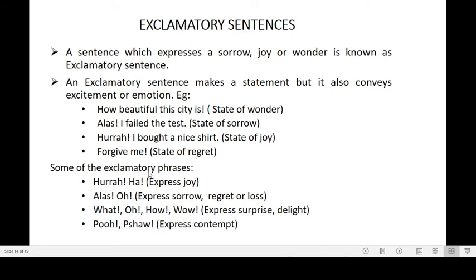Some of the exclamatory phrases, hurrah or ha, express joy. And the exclamatory phrases such as alas, oh, these two express sorrow, regret or loss. And the words like what, ho, how, wow, express delight or joy. Po, sha, these express contempt.